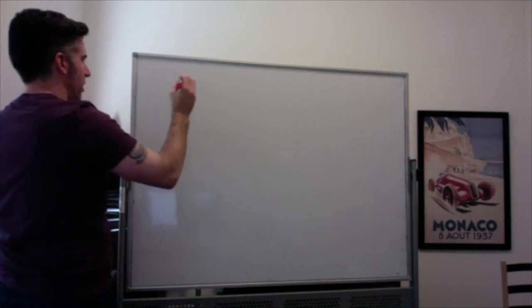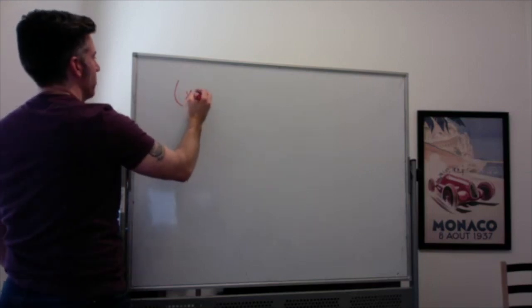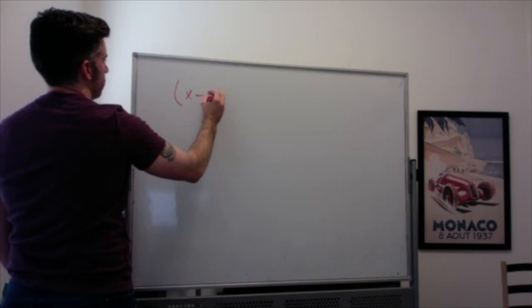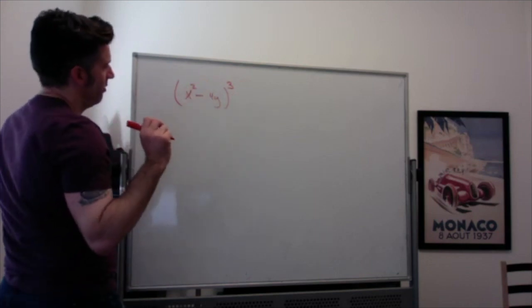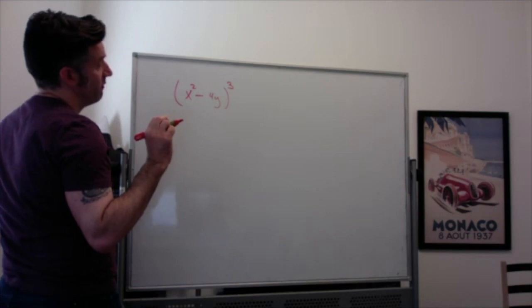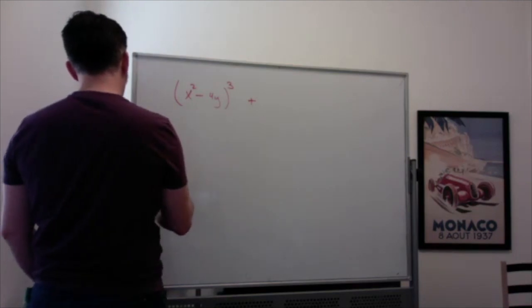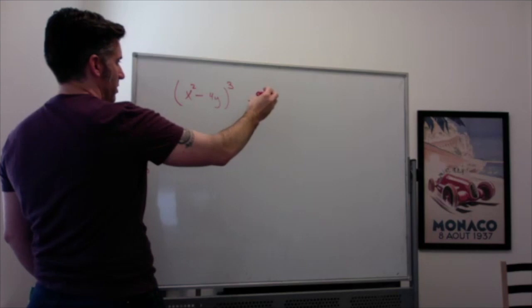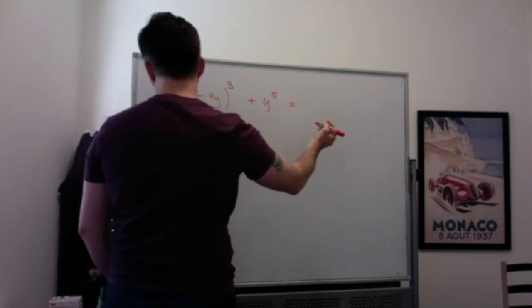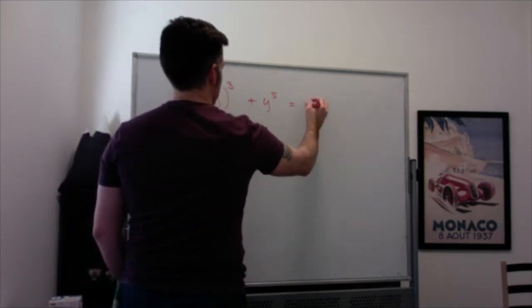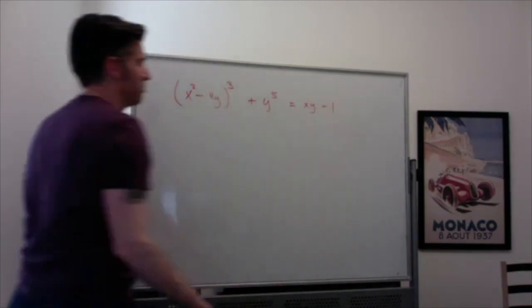Let's do x squared minus 4y to the third plus y to the fifth equal to x times y minus 1. That seems good, right?